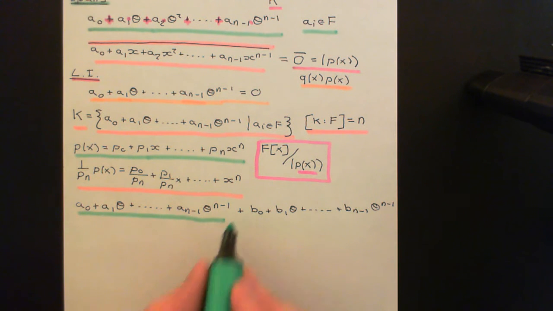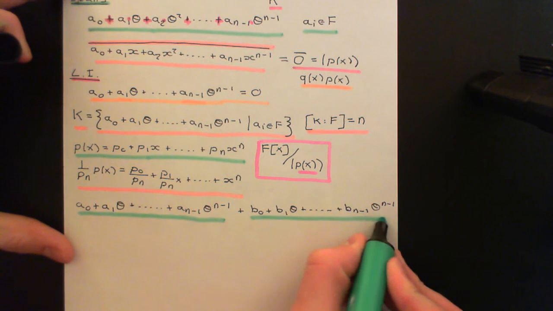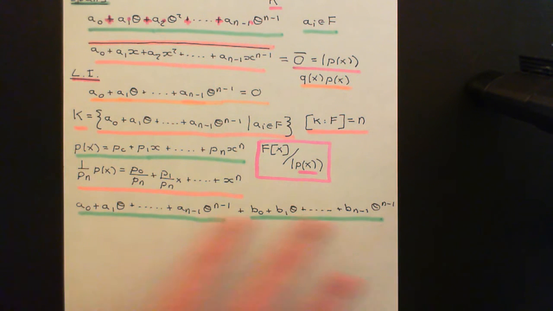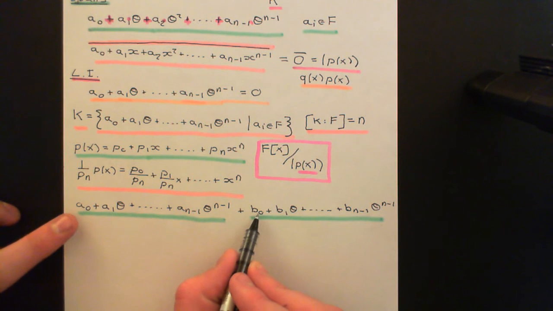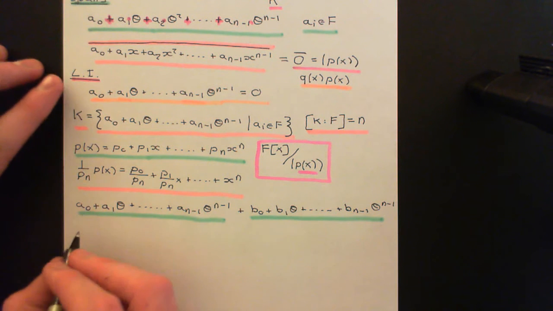This is an addition in the field capital K, so how can we do this? Well, it's very, very simple now. All we're going to do is rearrange it, because we know it's a field, so addition is going to obey associativity and commutativity, which is why I haven't bothered putting any brackets in, and why we can move everything around. So we'll bring the two terms that are in front of one effectively next to each other.